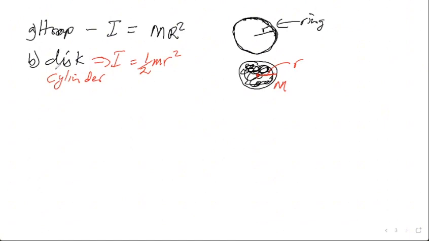That is for a disk. If you get one disk here, you place another disk behind this one, and another behind this one, you form a cylinder. So a cylinder and a disk are very similar, and their moment of inertia is given by this expression here.